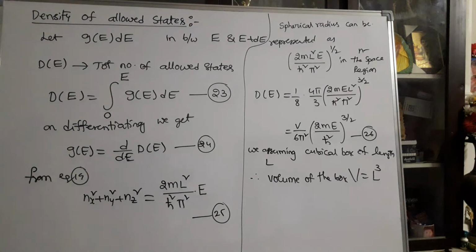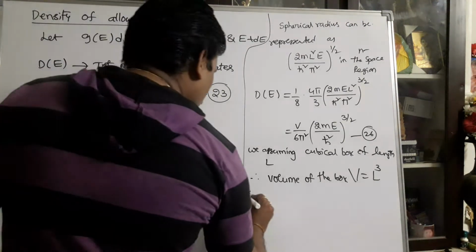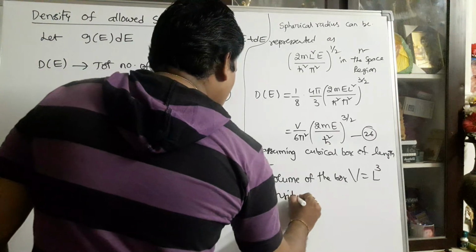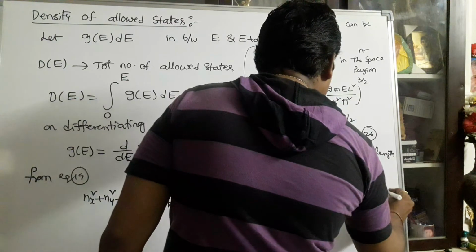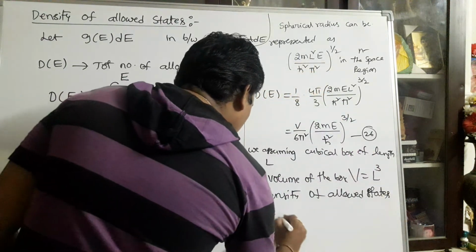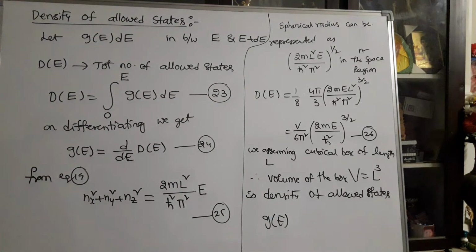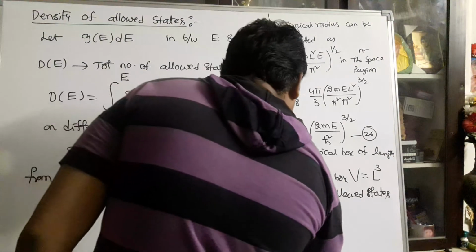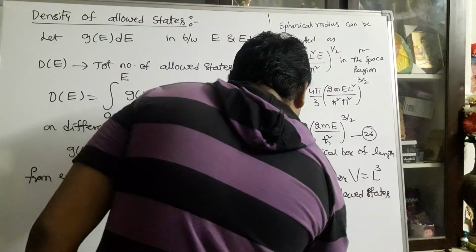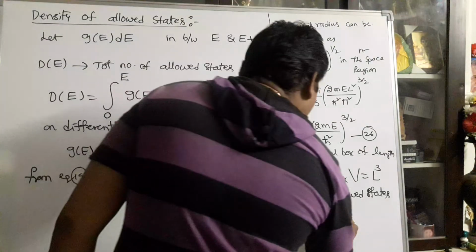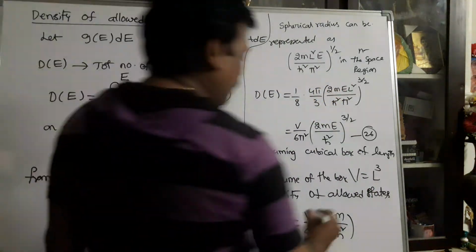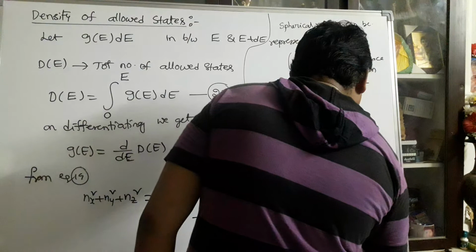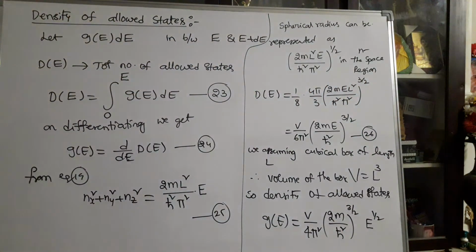Then the density of allowed states G of E is equal to V by 4 pi square into 2m by h cut square whole power 3 by 2 into E power 1 by 2.